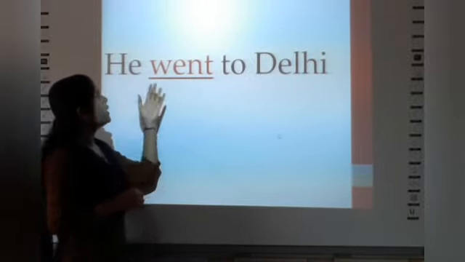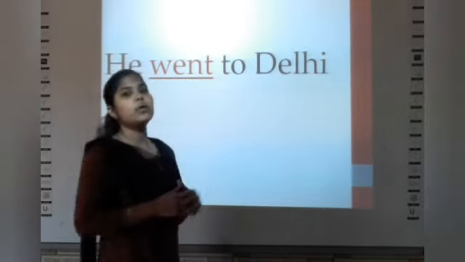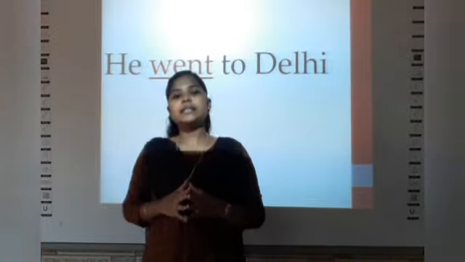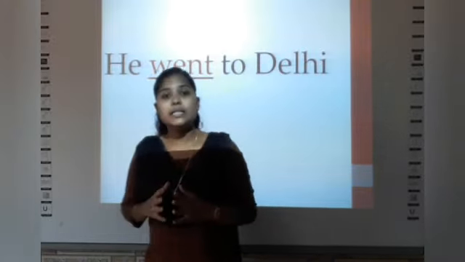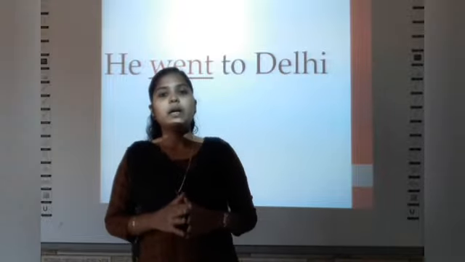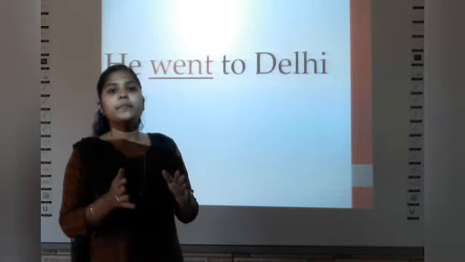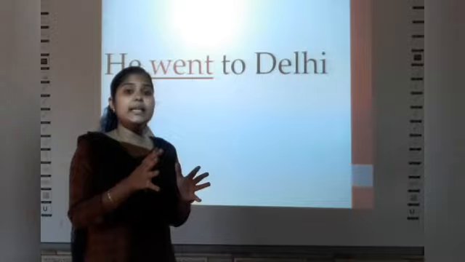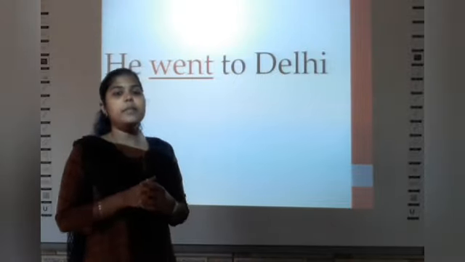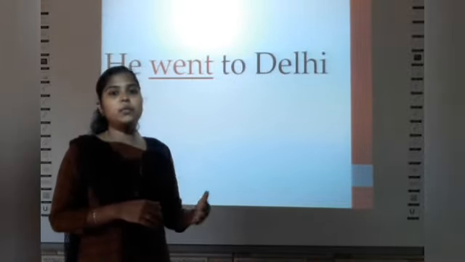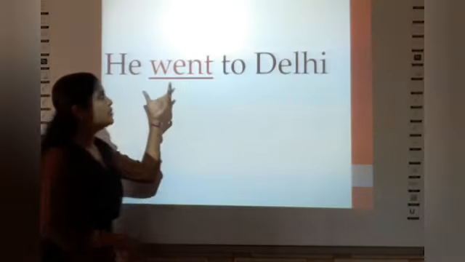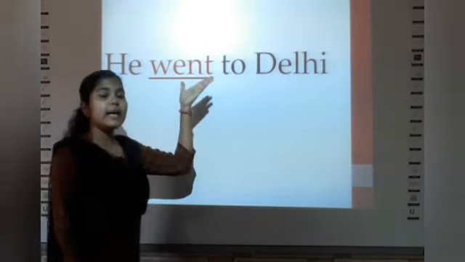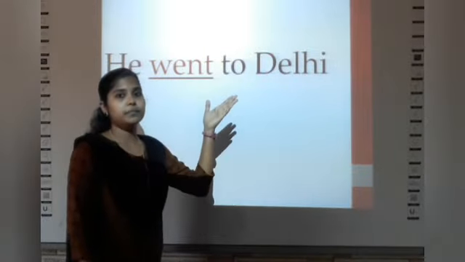Okay, so it indicates past habit, action already done or past continued action. Now, he went to Delhi. In this sentence, went is the verb which indicates the past time, maybe yesterday or last week or last month. So this verb is indicating the past form.